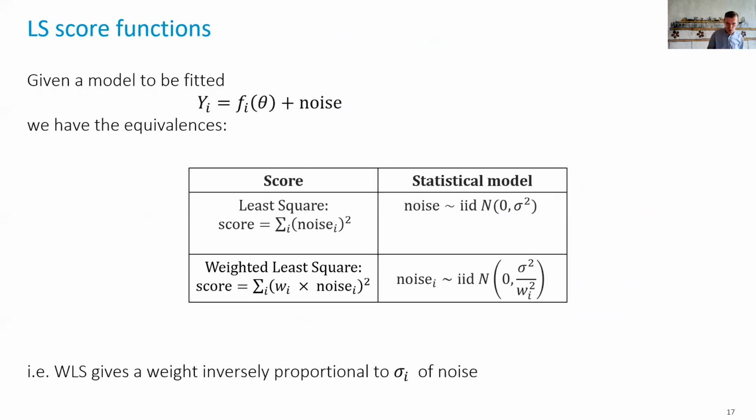So the first summary of what we've seen is that if we have a model of theoretical model plus additive noise, then there's equivalence in saying that the score is the least square, and the noise has the same variance all across my data series. This is very often done, but if you think about it, there's very little chance that this is true, right?